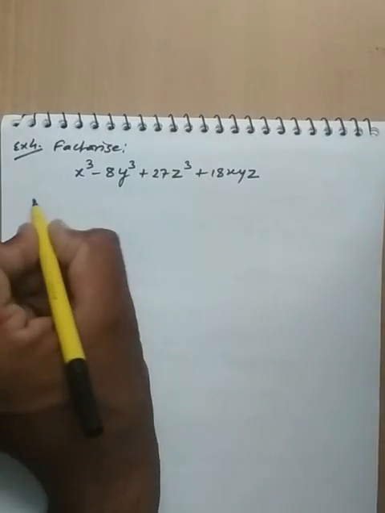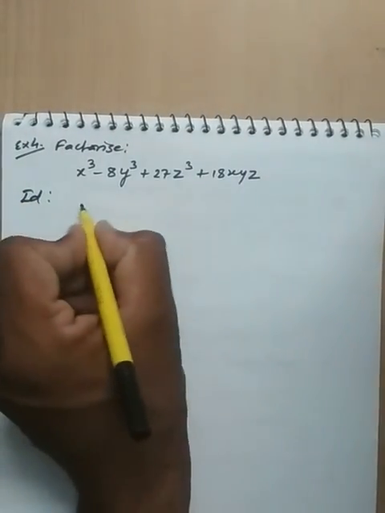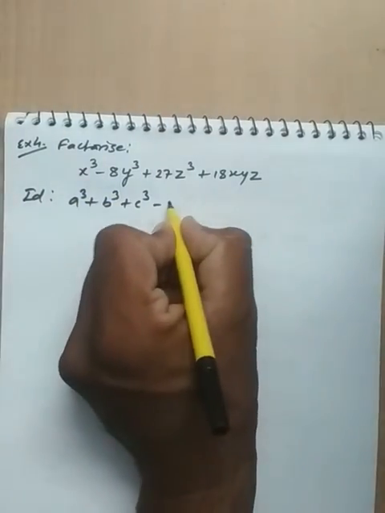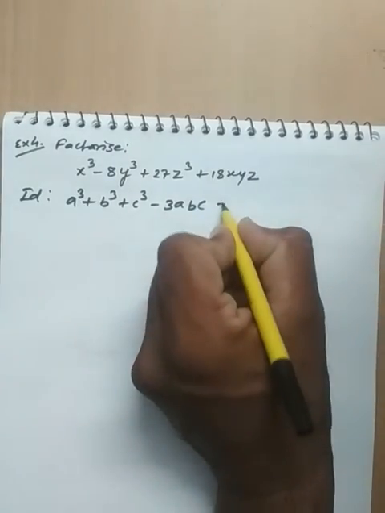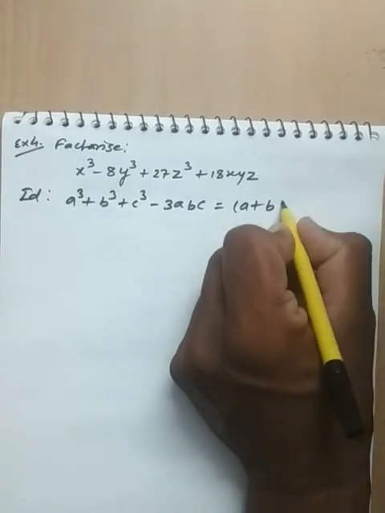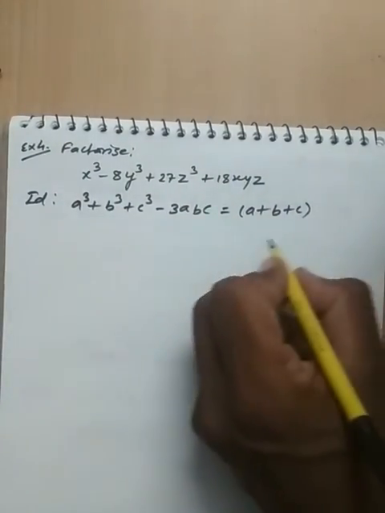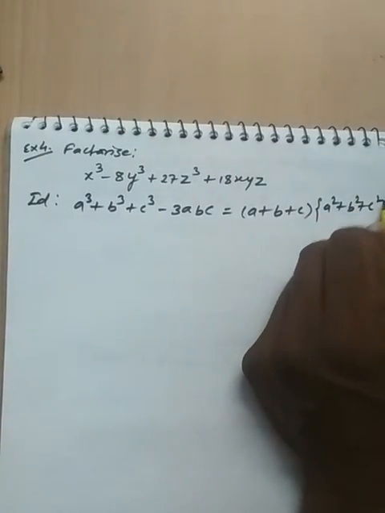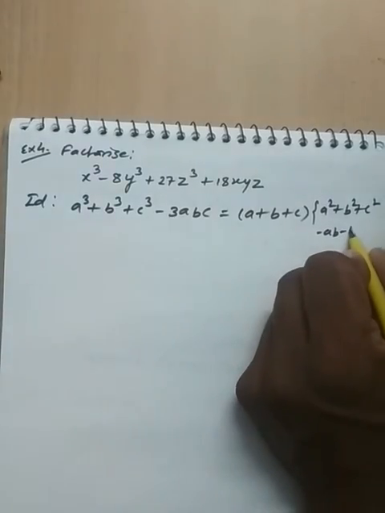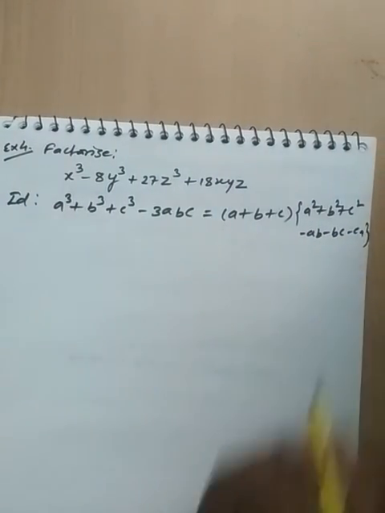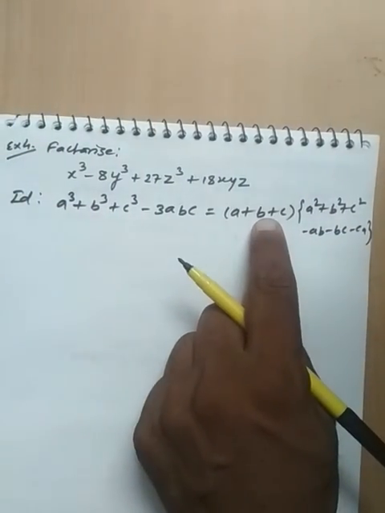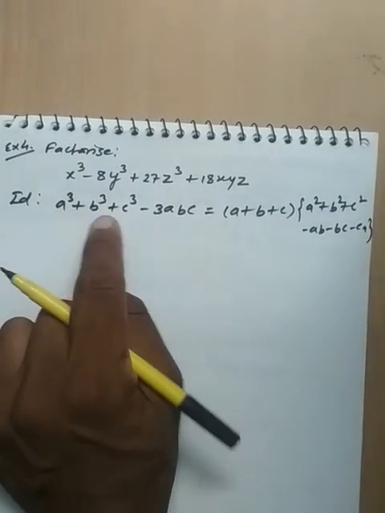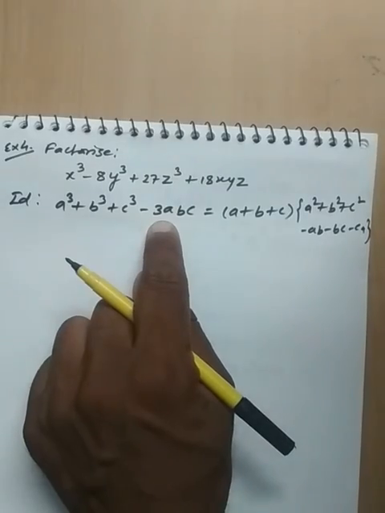And this type of question is based on the identity a cube plus b cube plus c cube minus 3abc, and this is equivalent to (a plus b plus c) in the first bracket, and in the second bracket a square plus b square plus c square minus ab minus bc minus ca. This is the factorization of the given identity a cube plus b cube plus c cube minus 3abc.